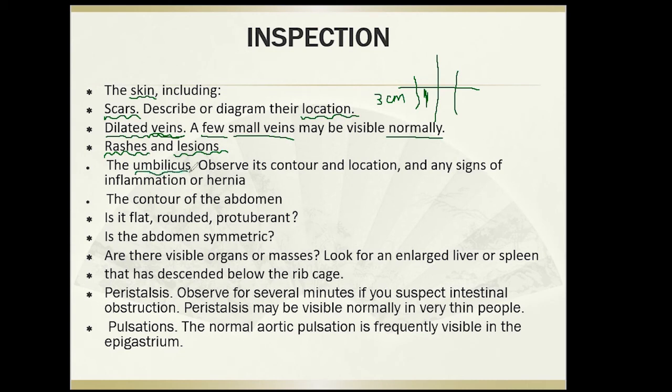Then the umbilicus area. The umbilicus should be located in the center line, with a regular shape. It's not too big, not too small. And certainly some people have a deviation, going to one side. We still need to recover that.